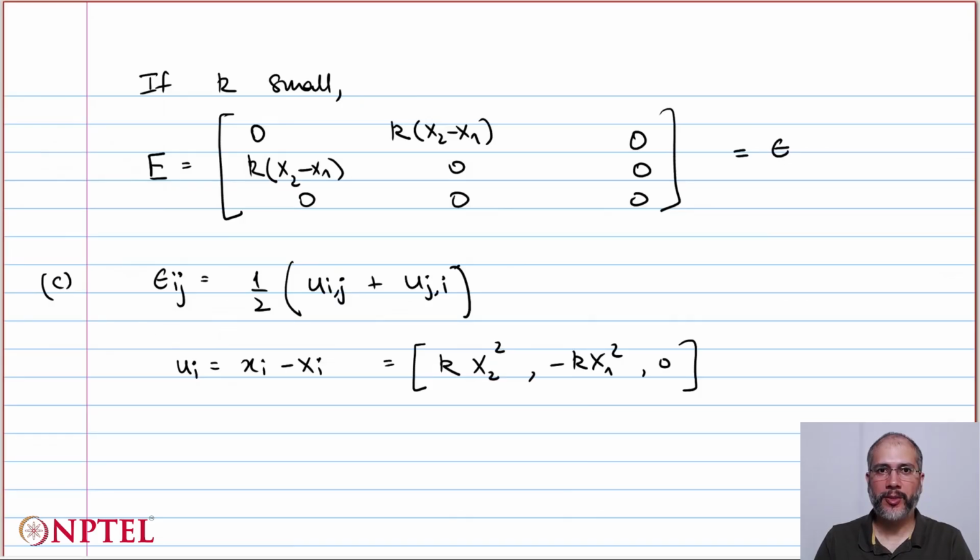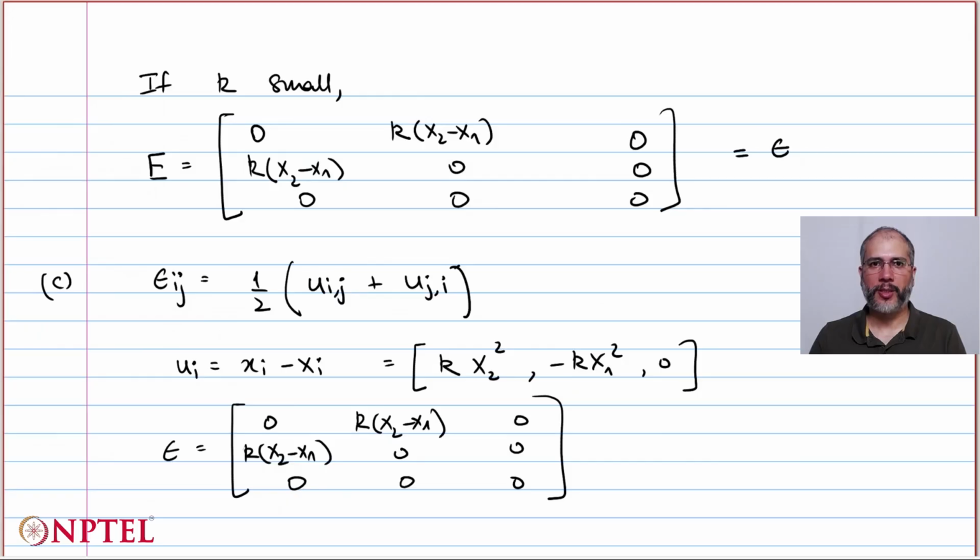So from this I can easily find ui comma j and uj comma i, add them and divide by 2 to get epsilon, which is exactly what we had gotten in A. So since both are the same, this completes the solution.